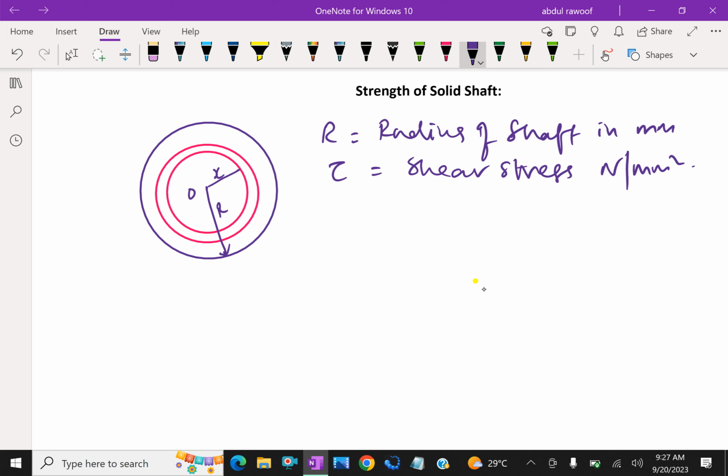Consider a shaft. The torque T is shown in the figure. Torque is applied.